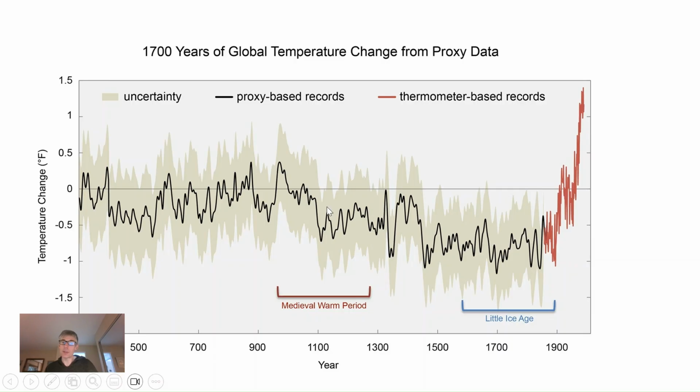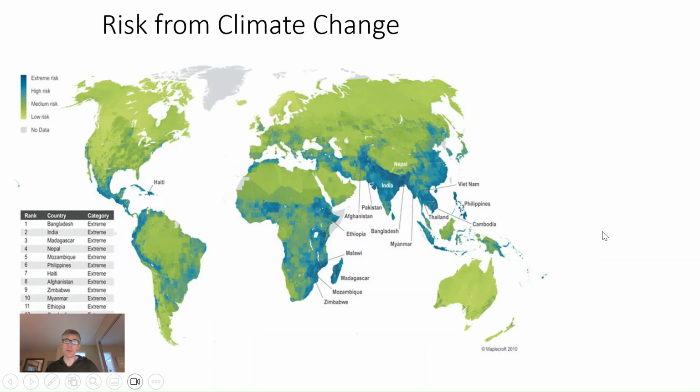And these proxy-based records also show a sudden spike, incidentally, in the global temperatures. So it looks like we've been doing something since the mid to late 1800s involving greenhouse gases potentially, which has caused this big spike in temperatures. And that obviously is what we know as human-caused climate change.